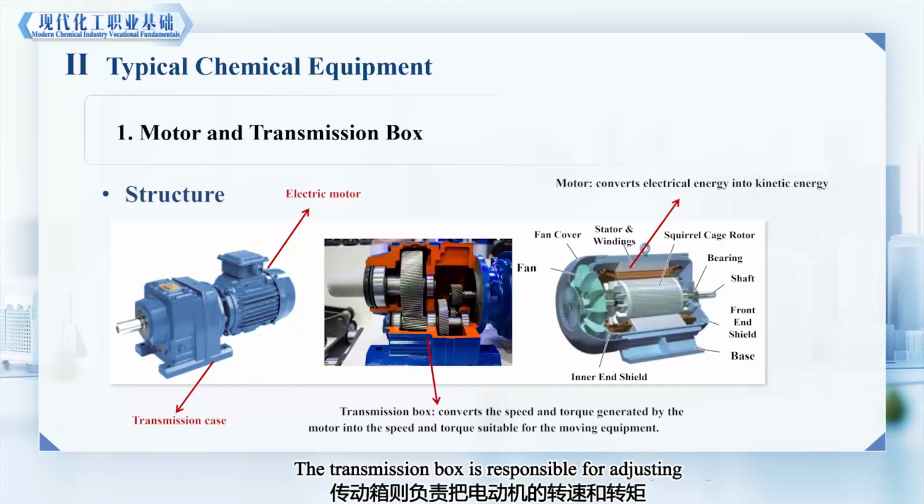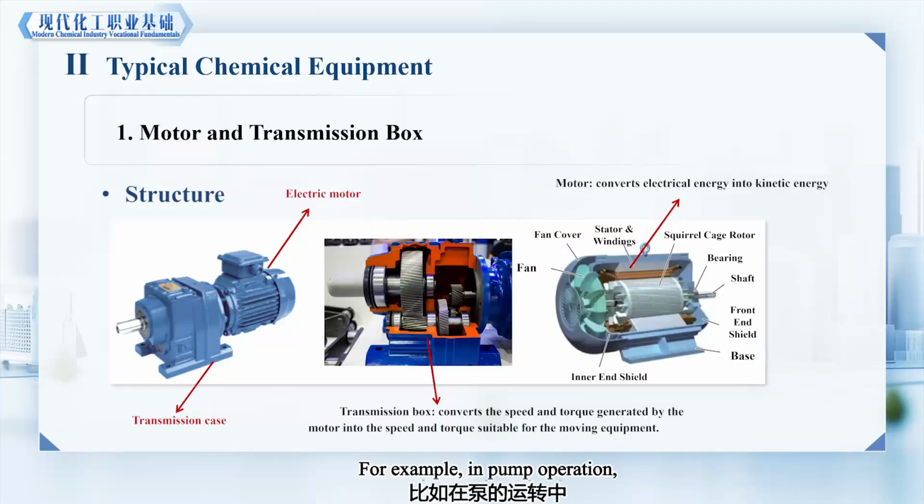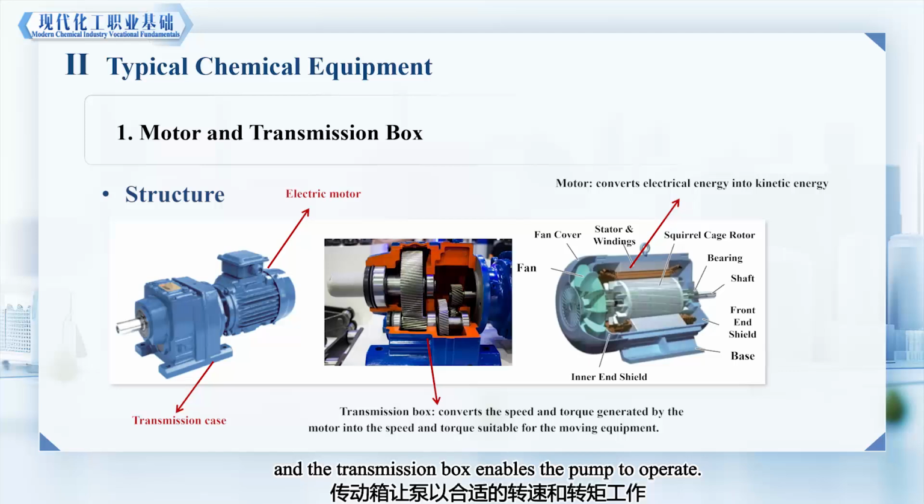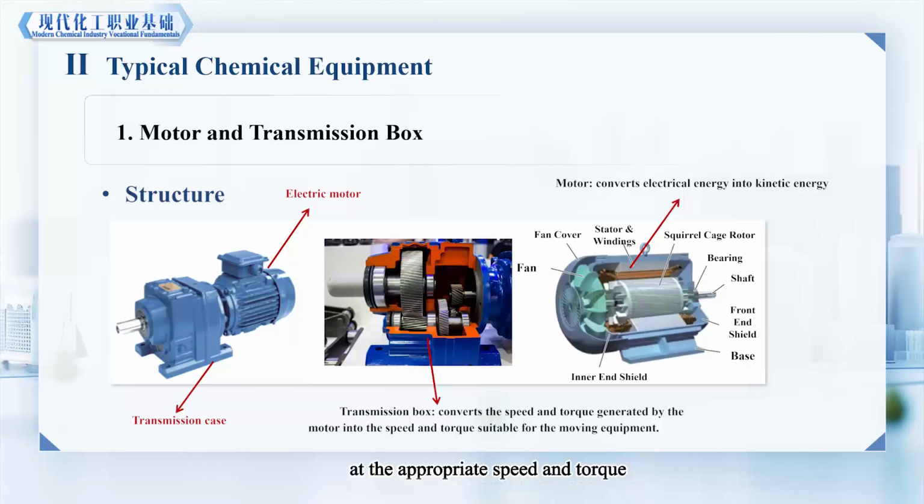The transmission box is responsible for adjusting the motor's speed and torque to values suitable for dynamic equipment. For example, in pump operation, the electric motor provides power, and the transmission box enables the pump to operate at the appropriate speed and torque.